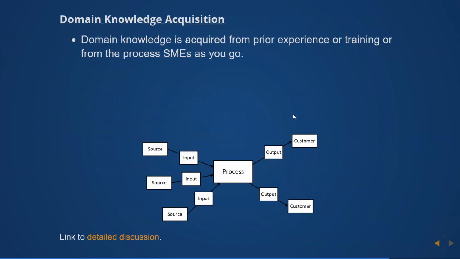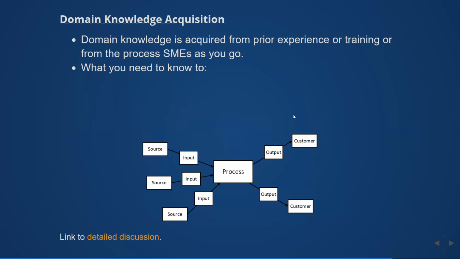So how do we know how to do this? There is all kinds of domain knowledge. I'm talking from the point of view of generalized process or business analysis information, but if you're working in a specific industry or with a specific technology, then you might need to know more information about these specifics.